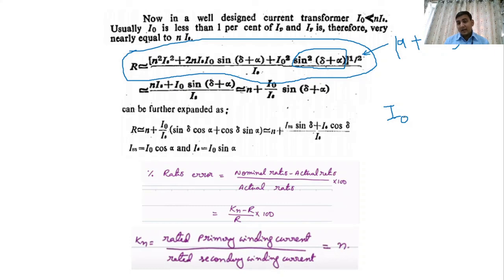This type of current can be equal to I0 sin(δ+α). As I0 is very small, its value when multiplied with sin α cannot be represented as a big picture.